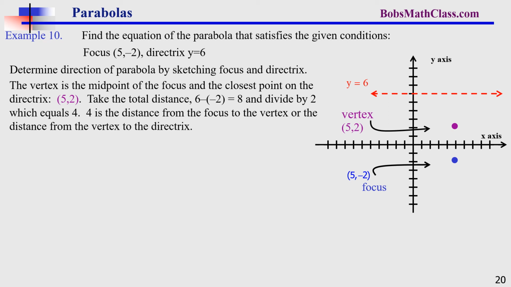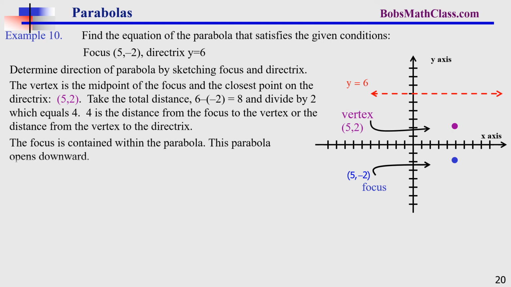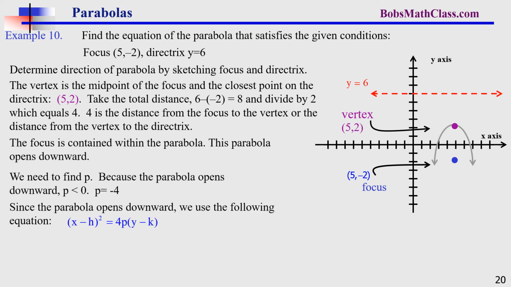P is the distance from the vertex to the focus. So how many units is that? It's 4. So P is 4, and is it going to be positive or negative? Since this parabola goes down, P should be negative. So P equals negative 4.